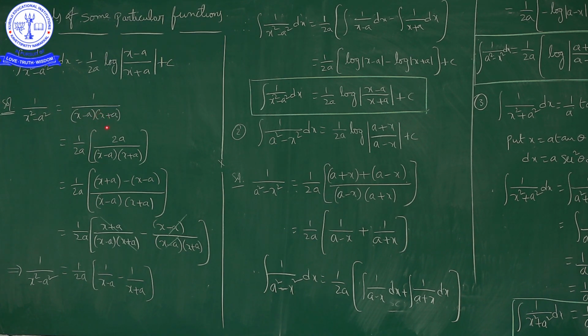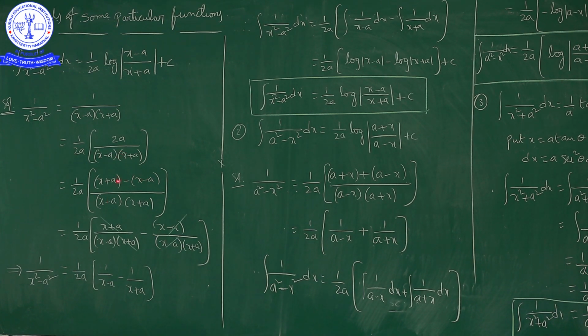Now what I will do is write the numerator as a difference of the denominator terms. For this, I will multiply and divide with 2a. Now the numerator 2a, I will write like this: x plus a minus of x minus a. x cancels, a minus of minus a is plus a, 2a.